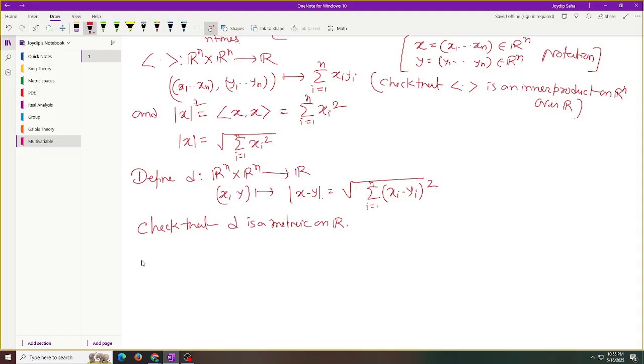These are just definitions, nothing else.